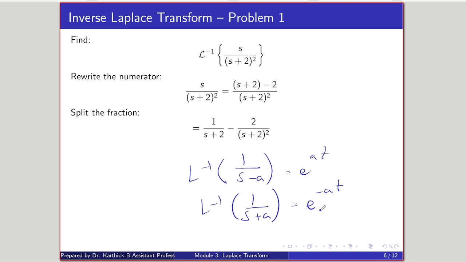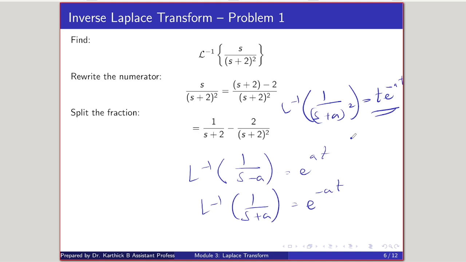It will match with e power minus at. Then we know that the Laplace inverse of 1 by s plus a whole square is t e power minus at. In s plus a, I may take a as 2.